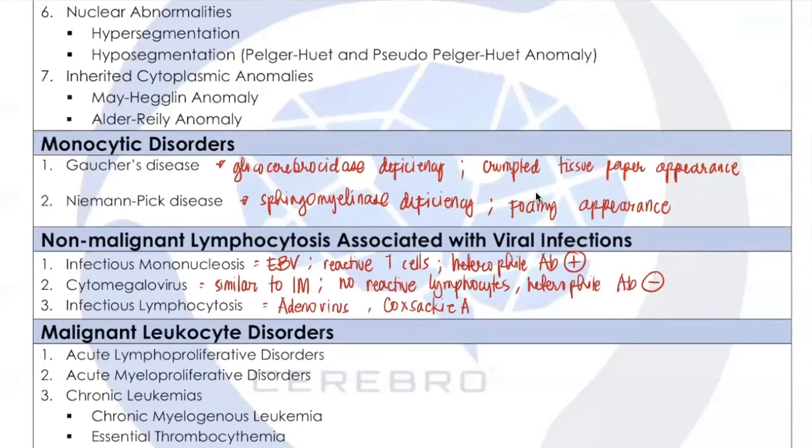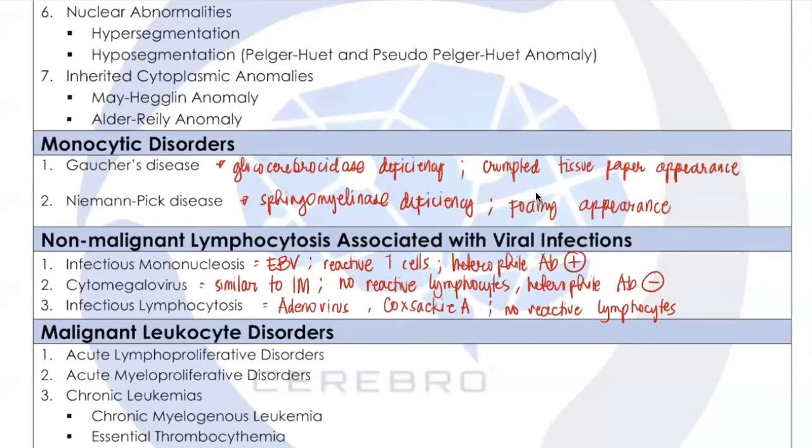In this case, take note that there is also an absence of reactive lymphocytes. So take note, guys, that reactive lymphocytosis is only associated with infectious mononucleosis. Again, in this case we have reactive T cells, and these reactive T cells are attacking the B cells.